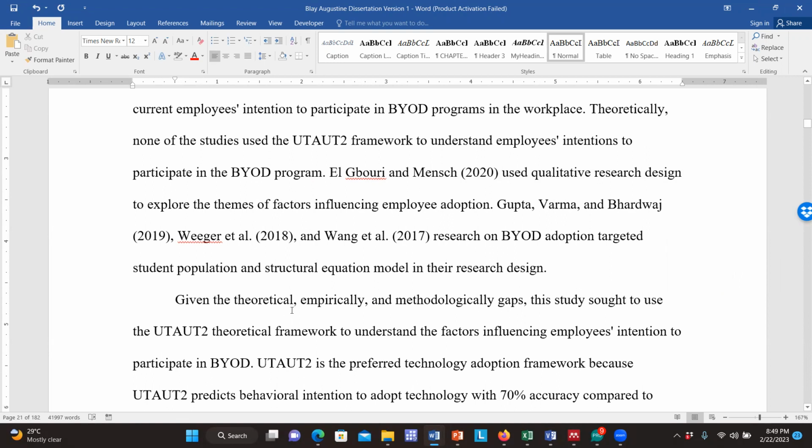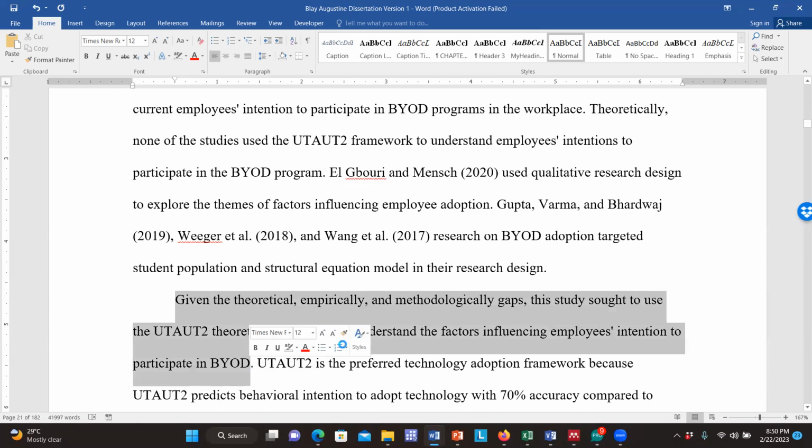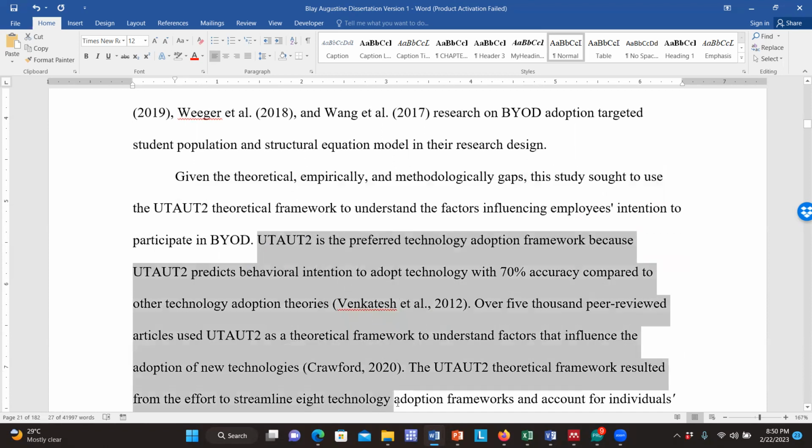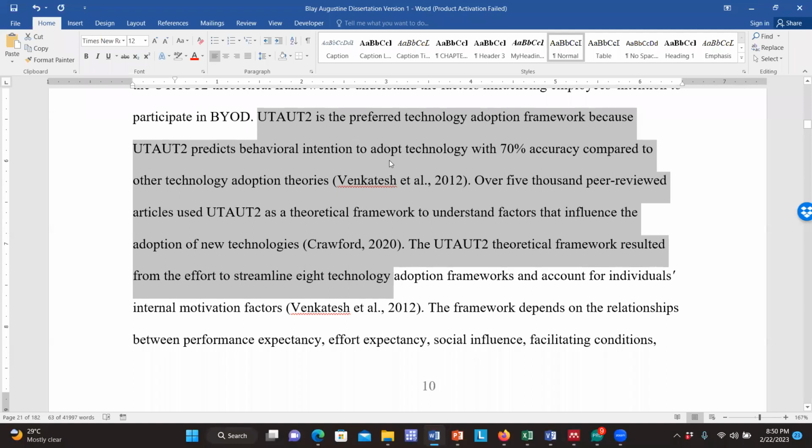Now, given the theoretical, empirical, and methodological gaps, this study sought to use the UTAUT2 theoretical framework to understand the factors influencing employees' intention to participate in BYOD. UTAUT2 is preferred. So now, all the discussions that have been made, this is actually the gap that has been identified, and as a result, this theory is used for the study. And that's what he has done.